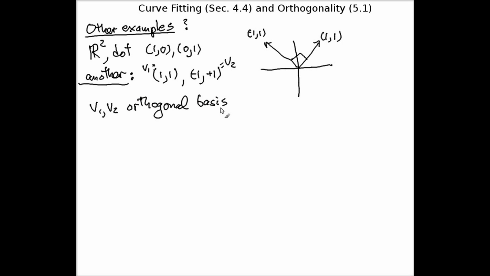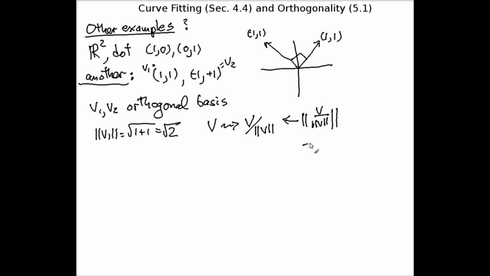Now it's not orthonormal because the length of v1 is the square root of 1 plus 1, which of course is the square root of 2. But remember, if v is any vector in an inner product space, then you can normalize it by dividing by its length. Then the norm of this vector, norm of v over norm of v, we've already seen is 1.